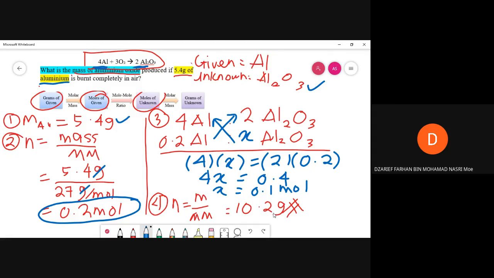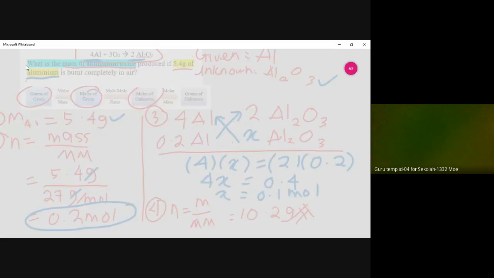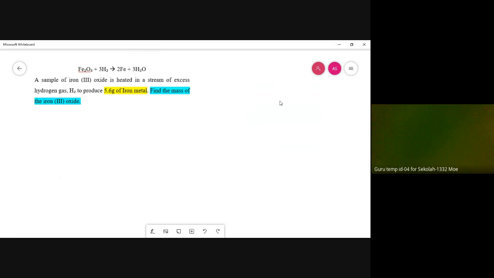Okay, yang lain ada soalan? Yang lain tak ada soalan. Okay. If you don't have any question, let me give you question. Okay. Cuba you try buat soalan ni. Semua orang buka mikrofon.